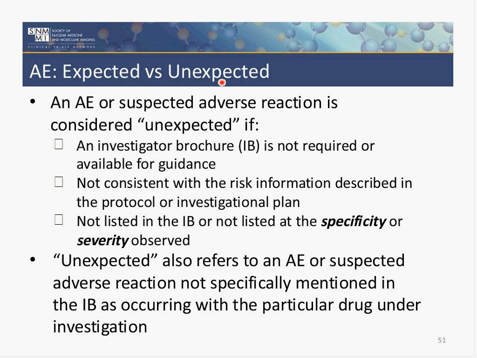That's all written down in the expectations of that drug. So a subject who has that would not be considered unexpected, it would be expected. But an AE that is not listed, and is not already known about, is considered unexpected, and it raises its level of importance.